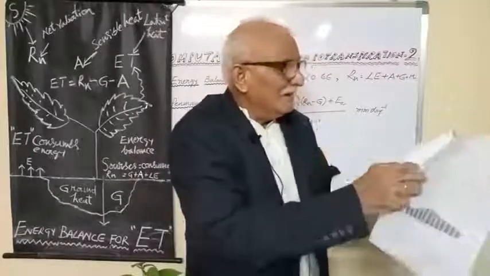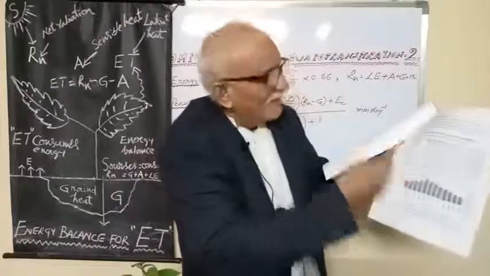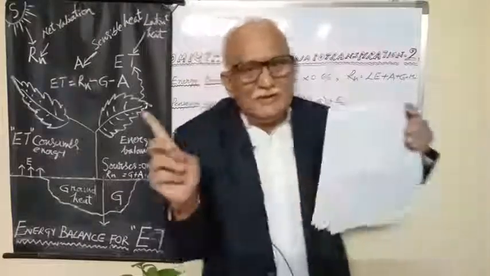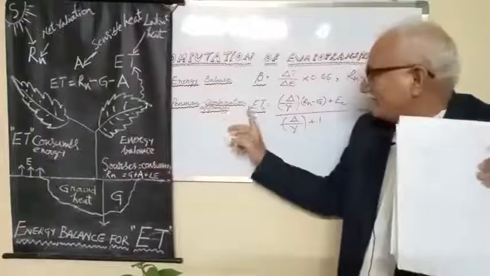For the months of January, February, March, April, the whole year round, we have calculated using the Penman combination approach.